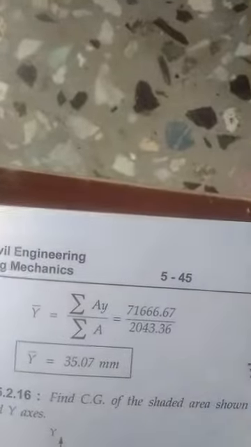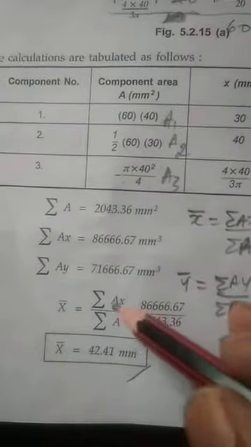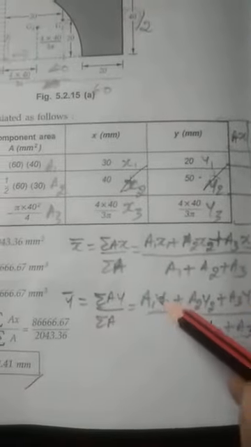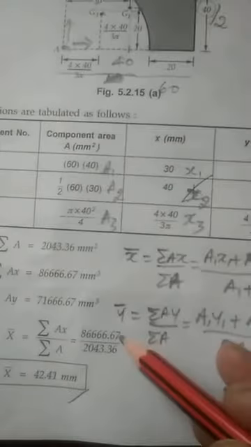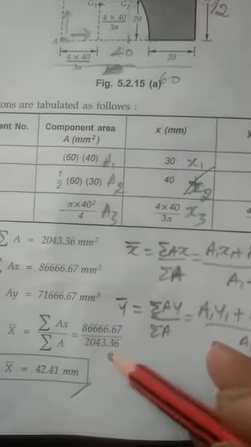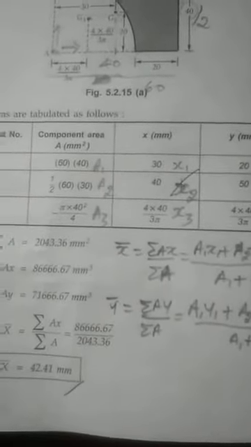So this is what the y bar looks like, and x bar looks like this. After multiplying the individual products and adding them all together, you get the numerator, divided by this value. This is x bar.